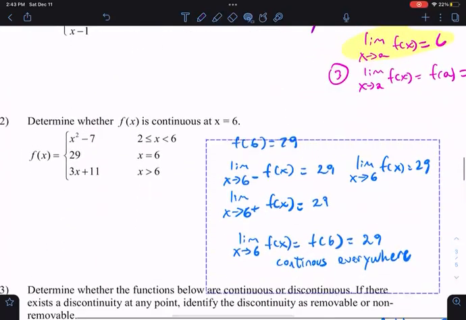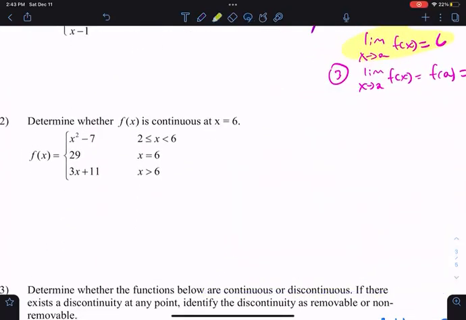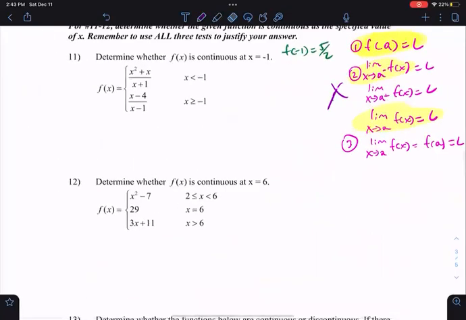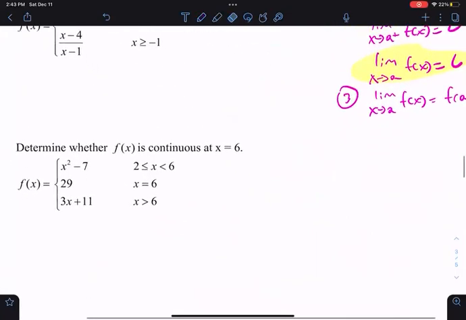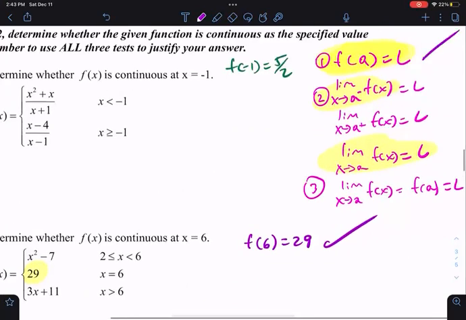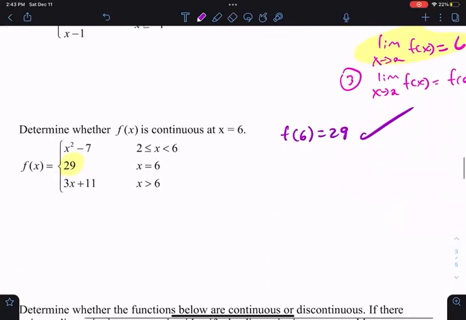Let's do this one. So this one, they said we have to do the same thing, the 3-step continuity test. Okay, so if we evaluate the function at 6, well, that's already given. They're saying that f of 6 is 29. Okay, so it's defined. So condition 1 is satisfied. Now let's see what happens to the left and to the right, right?